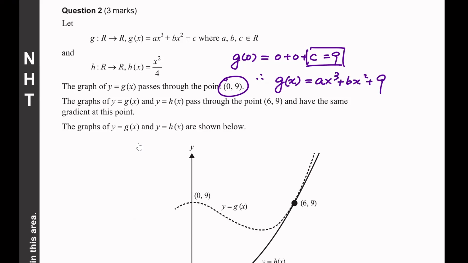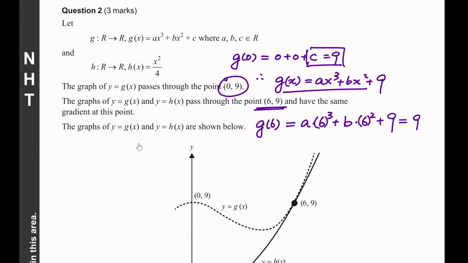And the next thing is you need to use, let's say, (6, 9), because that point lies on this cubic. So you say g of 6 equals a times 6 to the power 3 plus b times 6 to the power 2, I'll put brackets around them, plus 9. And it equals 9.